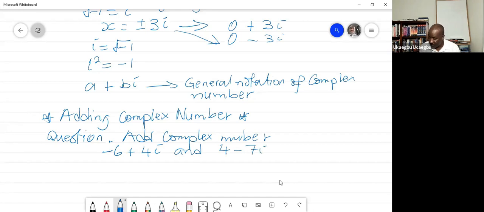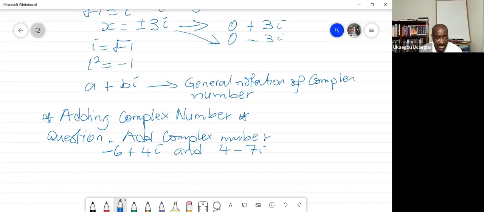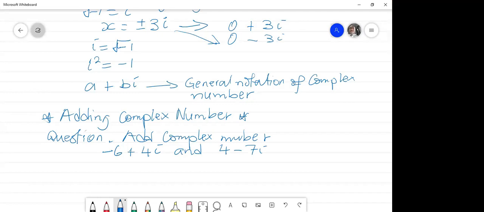Add the complex numbers. Give it a try. Now, can somebody help us see how we can add these complex numbers? You're going to combine like terms, something like that? Okay, combine like terms. So what are the like terms? The i terms and the normal numbers.